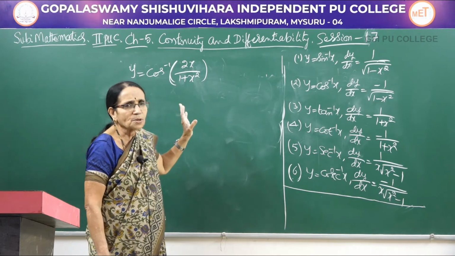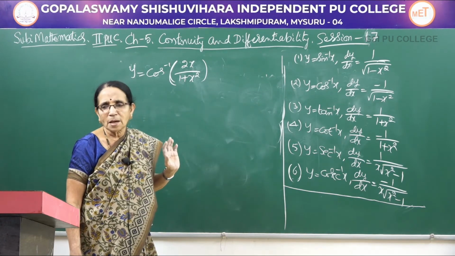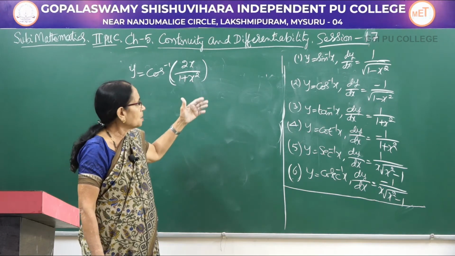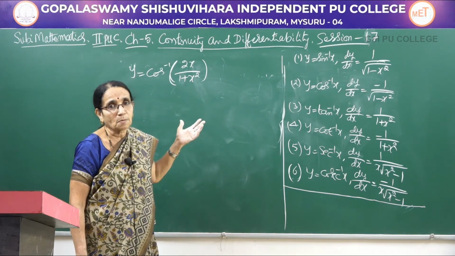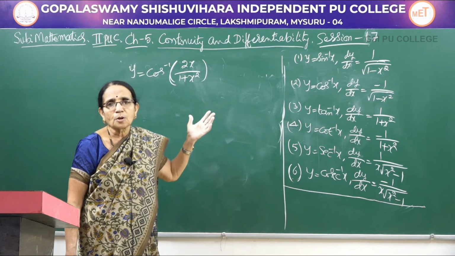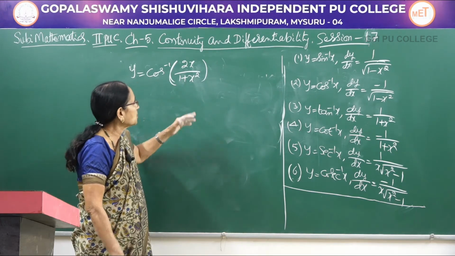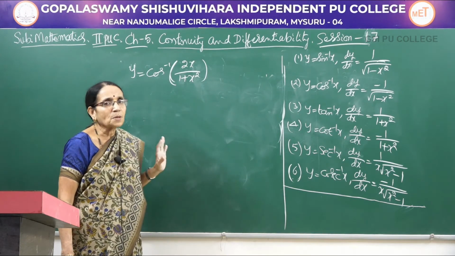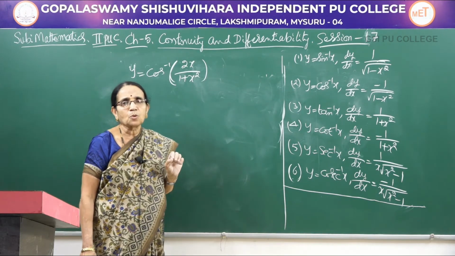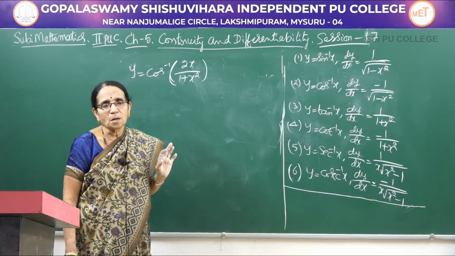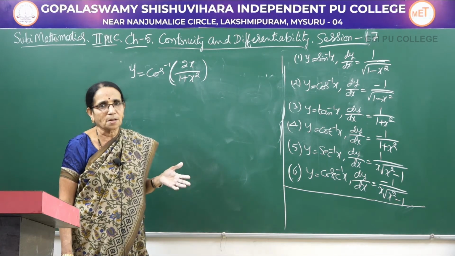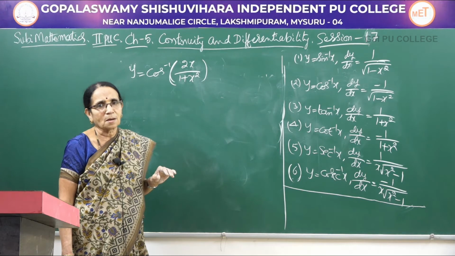If you could do some simplification here by considering a proper substitution, it is easier for you to solve the problem. Now again I had specified this one. Wherever you get 1 plus x square, the substitution would be better if you take x to be equal to tan theta or cot theta, preferably tan theta.